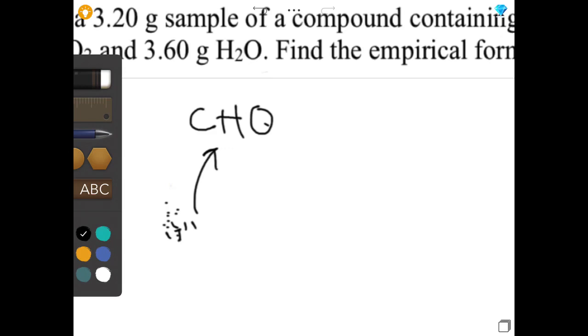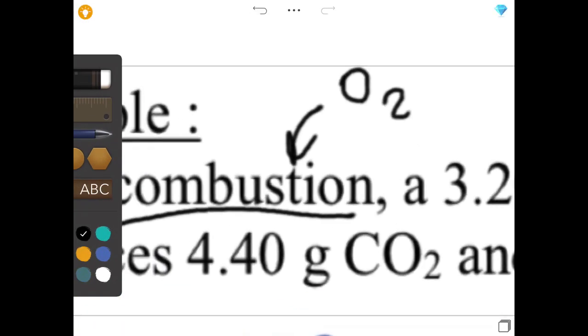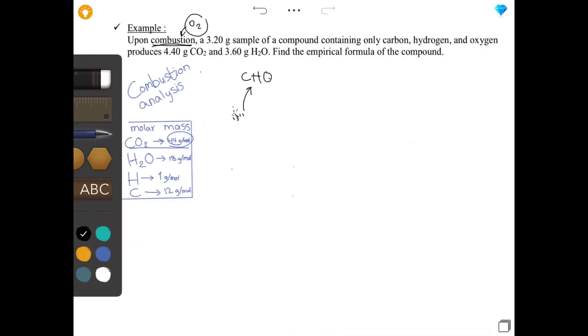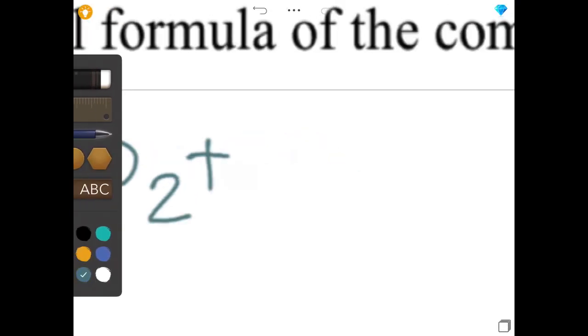So how do you find it? Scientists use combustion analysis, which means they burn it, adding O2, and it will always produce carbon dioxide and water.